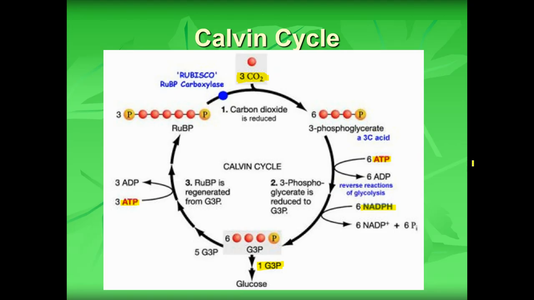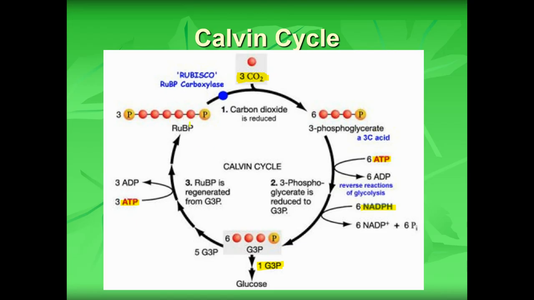There's some more ATPs. Now, some of those molecules come out to make glucose. Most of them go back to form RuBP. So carbon dioxide comes in, it's fixed to RuBP, it breaks down into 3-carbon compounds, they get energized, some come out to make glucose, and the rest end up making RuBP. So this is why it's cyclical.